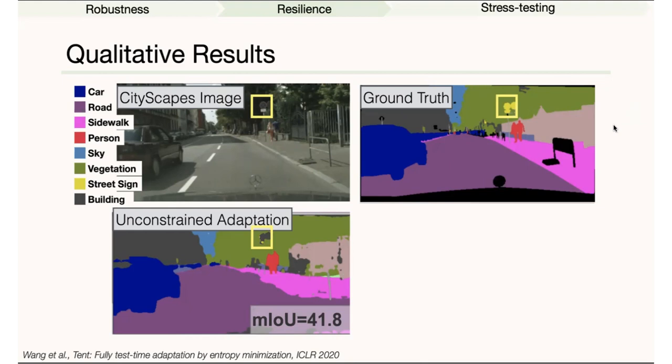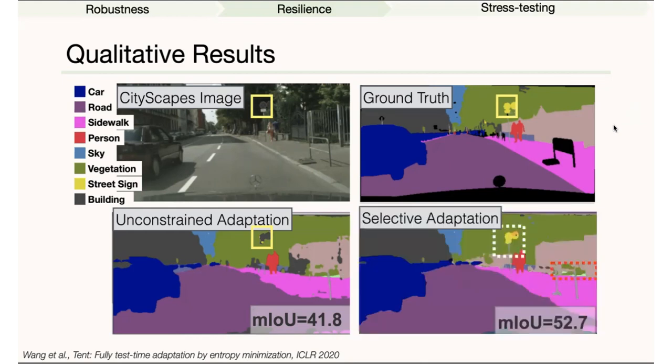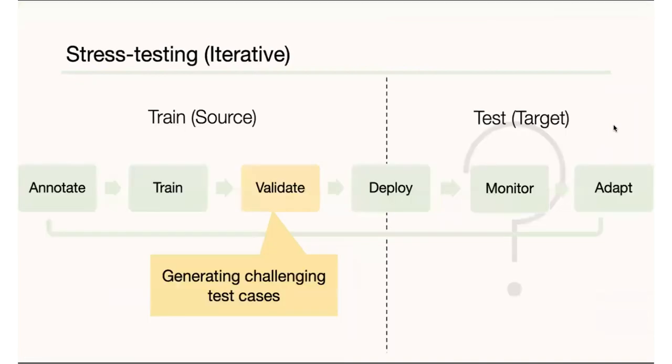TENT gives you reasonable predictions, but with our selective adaptation method, and this is in a test time adaptation setting, so it's more constrained, you can get cleaner boundaries and recover performance on small objects and tail categories. Are there any questions on that part? Otherwise, I'm going to get to the last part of my talk.